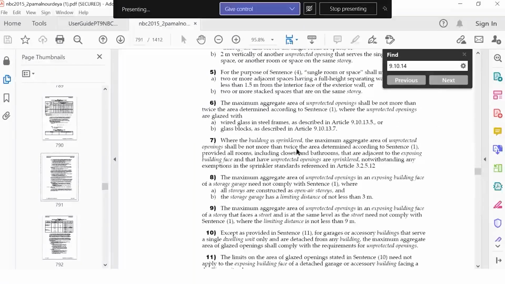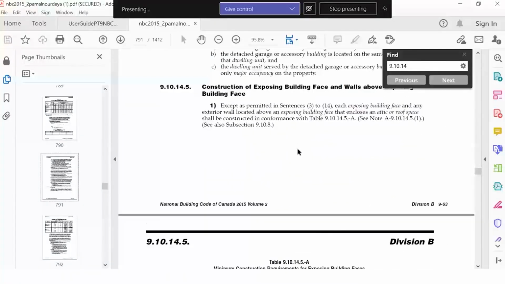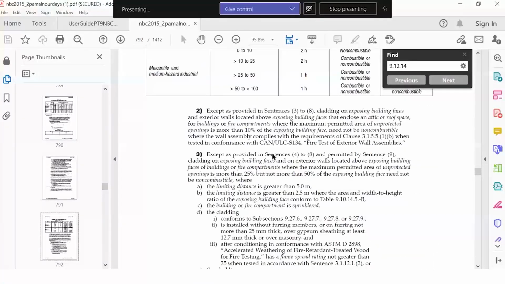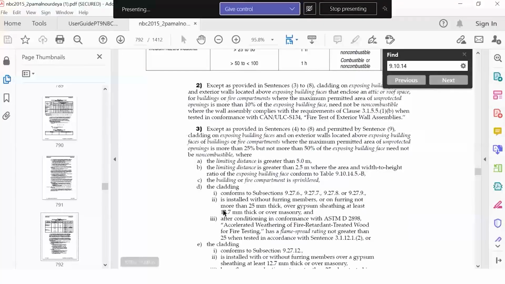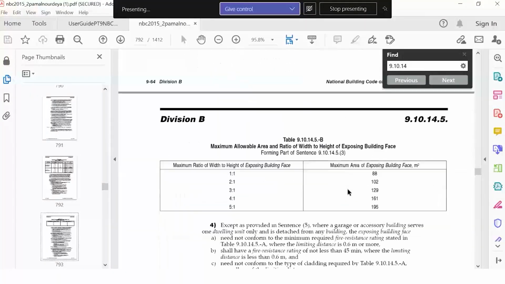And there are always exceptions related to the construction of the exposing building face. So at the end here, you've got some provisions related to requirements of the codes for certain types of limiting distance, whether the building is sprinklered and all that.